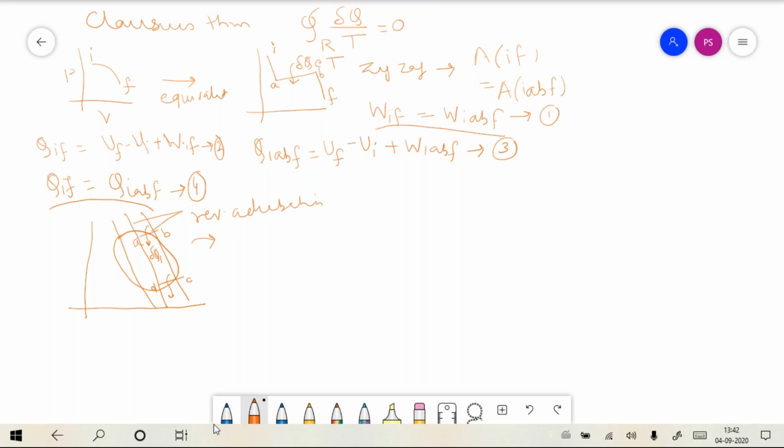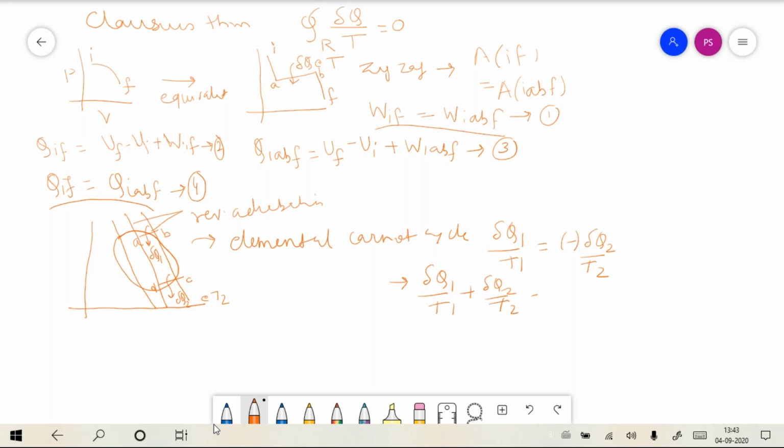Then by slicing this with reversible adiabatics, what you get is actually an elemental Carnot cycle, and for an elemental Carnot cycle, del Q1 by T1 is equal to minus of del Q2 by T2. Now I am including the sign, or in other words, for the elemental cycle, del Q1 by T1 plus del Q2 by T2 is equal to 0.